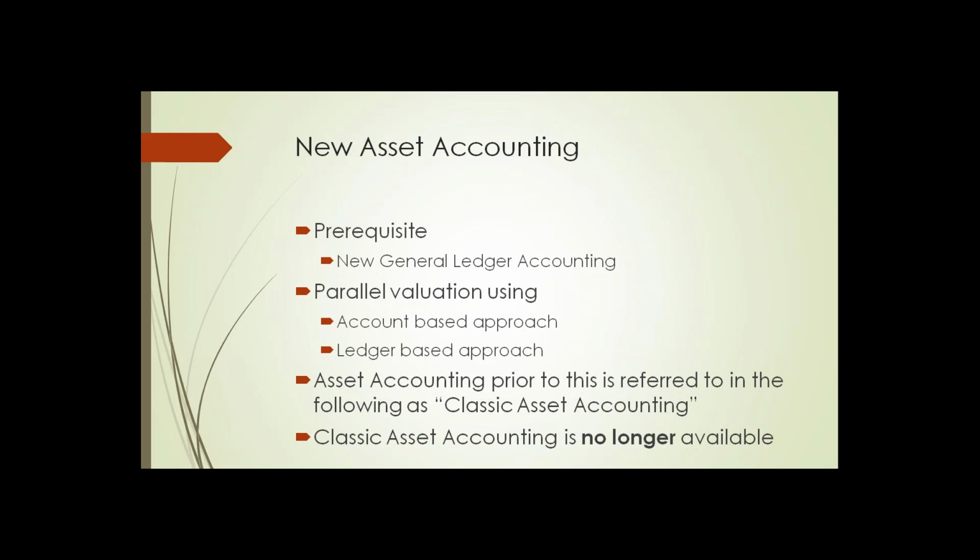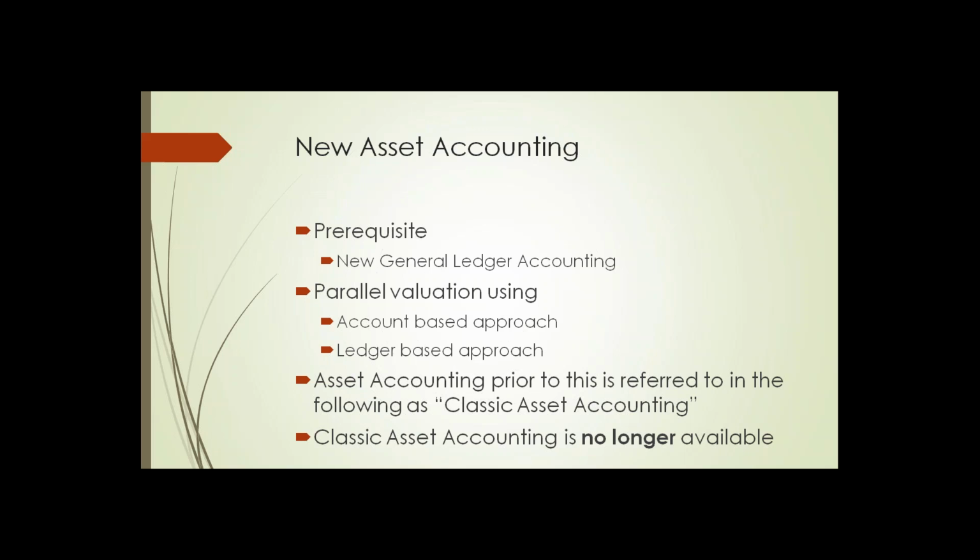Now second thing, if you are using the classical GL accounting, you cannot move to new asset accounting. So if you merge these two statements, this means that if I'm using classic GL accounting, I cannot move to simple finance. So I cannot move to new asset accounting.